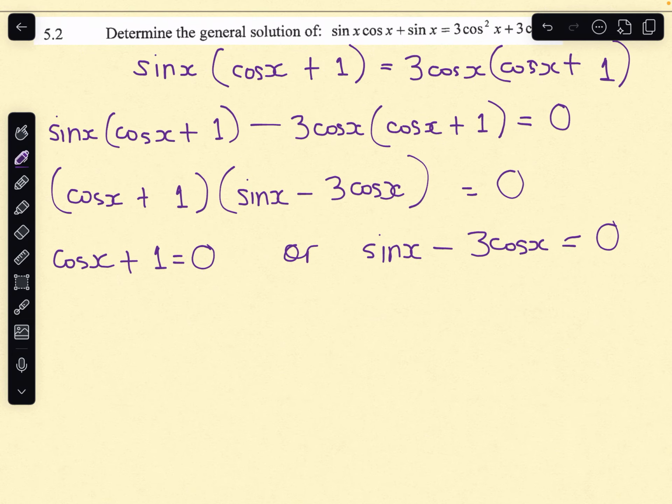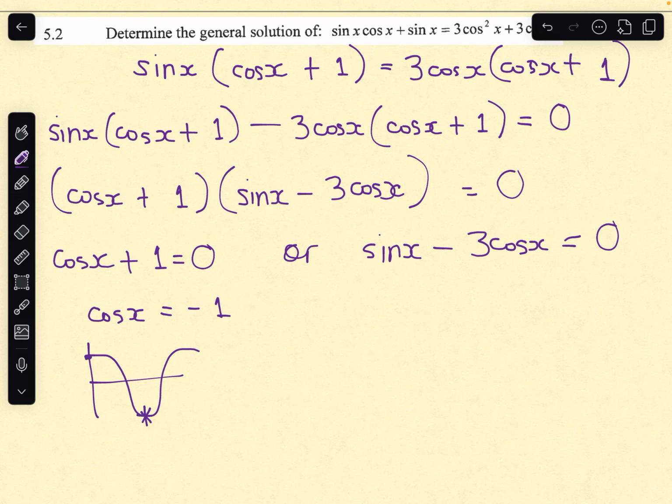Okay, so the first one we have cos of x is equal to negative 1. Okay, and we know that 1, 0, negative 1, those are special cosine values. So if we look at our normal cos graph, it only has a value of minus 1 once per period, and that is at 180.